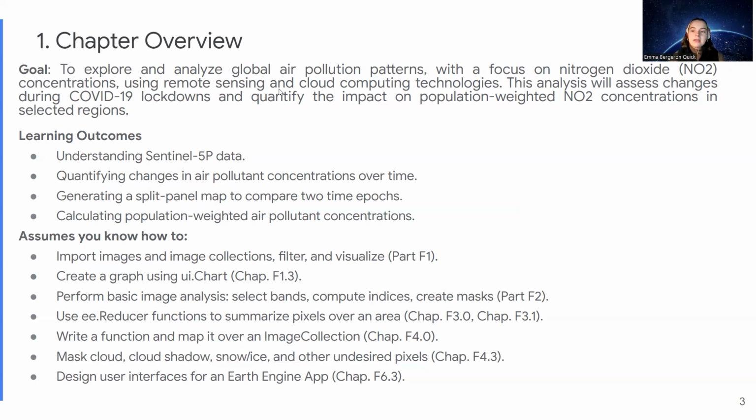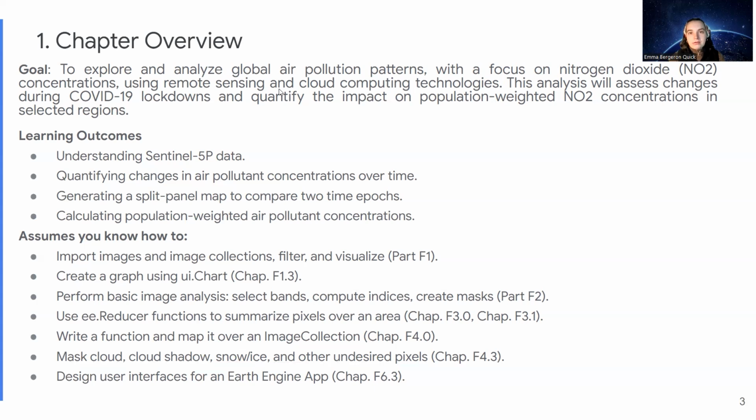Our analysis is going to cover two components: changes in nitrogen dioxide concentrations, where we'll examine how those levels fluctuated over time, especially during those lockdown periods, and then population-weighted NO2 concentrations.